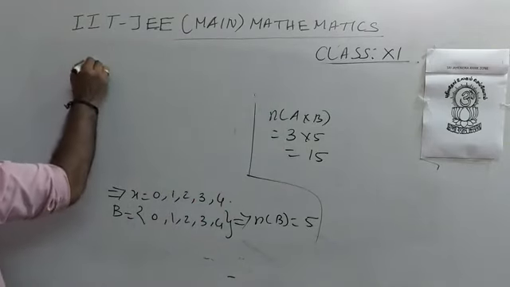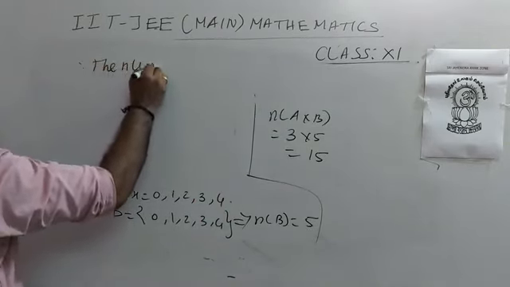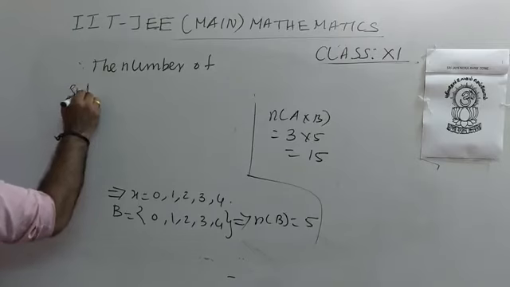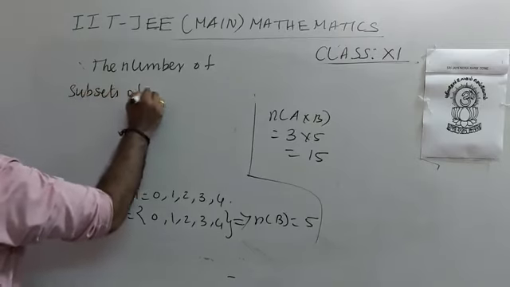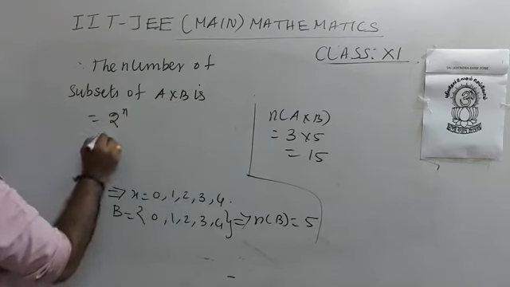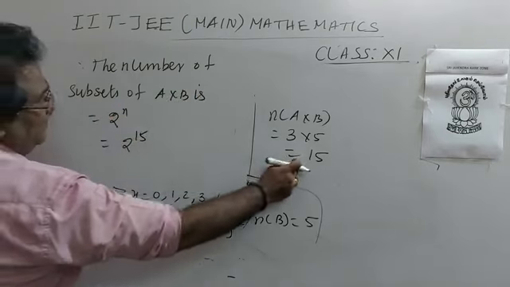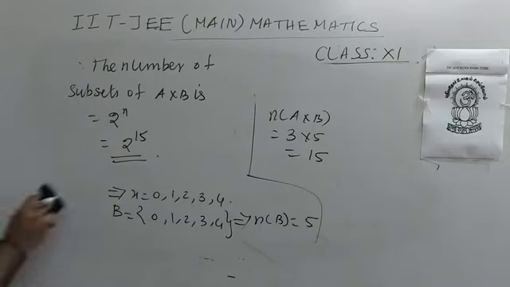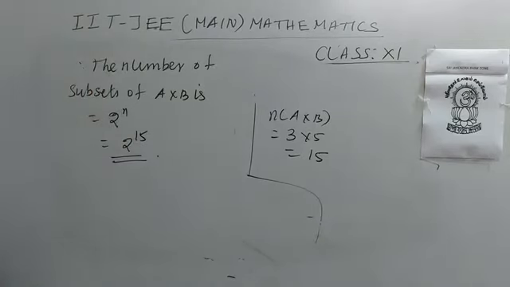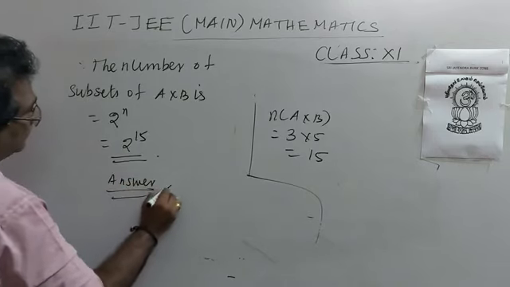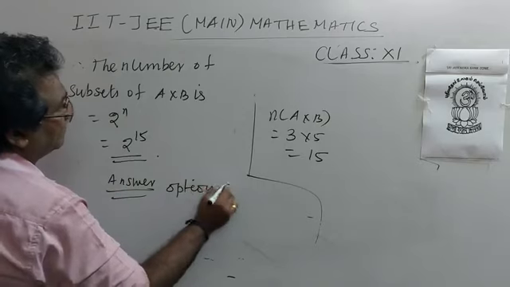Therefore, the number of subsets of A cross B is 2 power n. Here we have 15, that is 2 power 15. Option C.